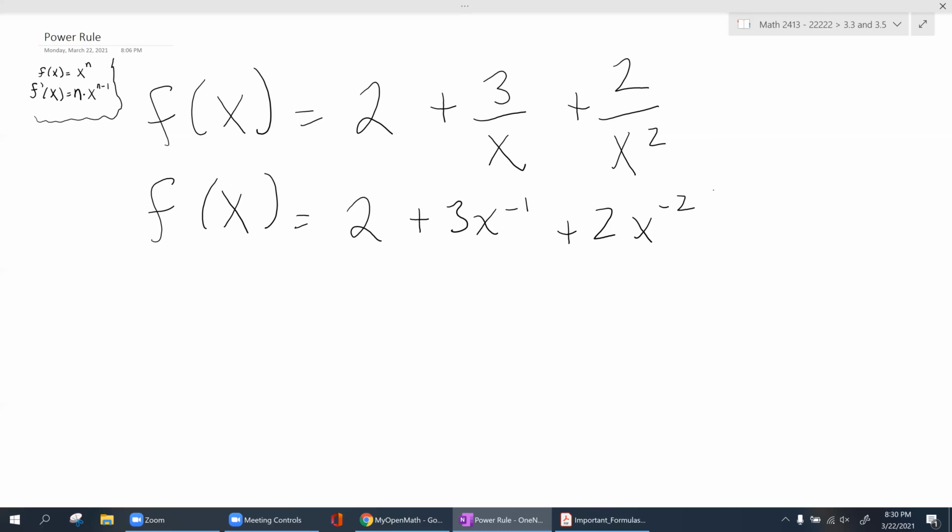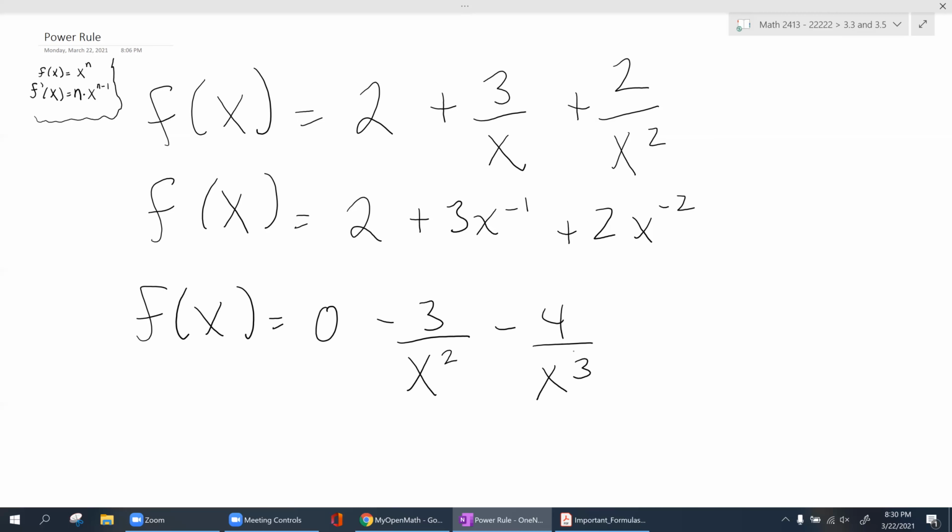I'm going to solve this one out completely. Let me know if this is what you get. The 0 goes away, so you should be left with -3 over x squared minus 4 over x cubed.